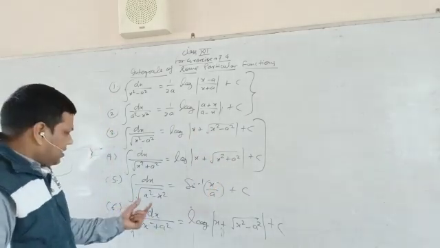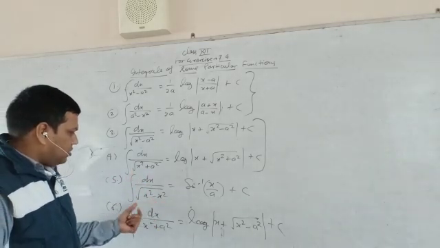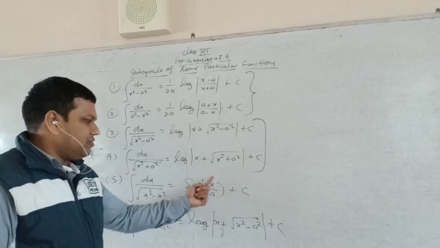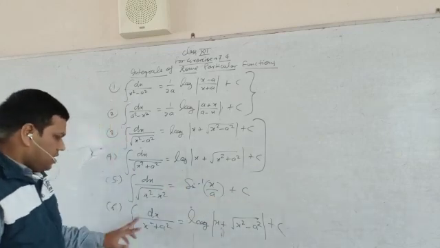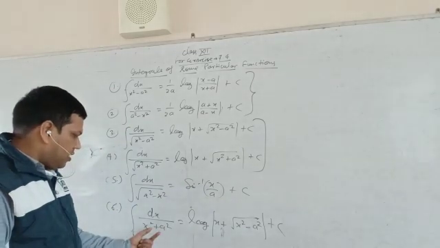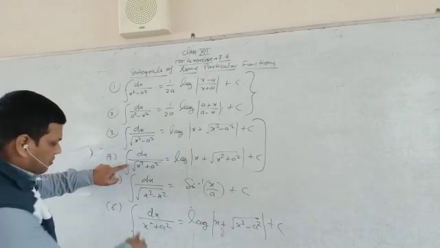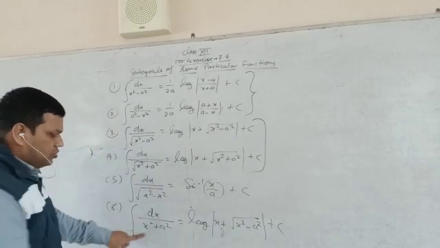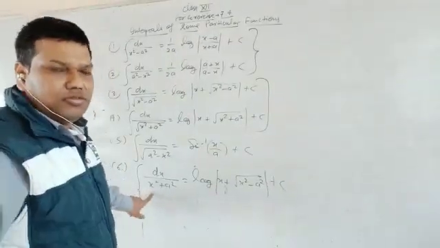Again, here we have the formula with a square minus x square in the square root, that is sine inverse x upon a, plus c always. And also we have dx upon x square plus a square. What is the difference between this one and the previous one? There is a square root in one, but there is no square root here.